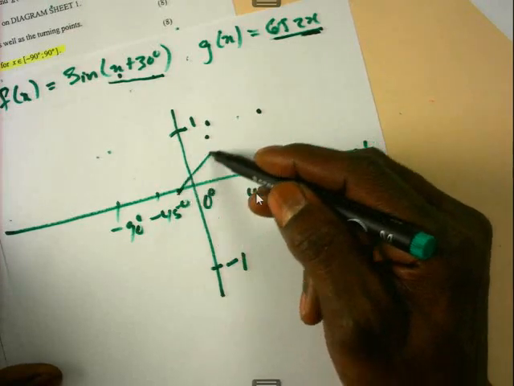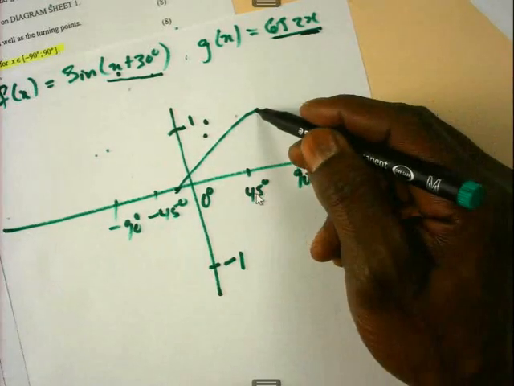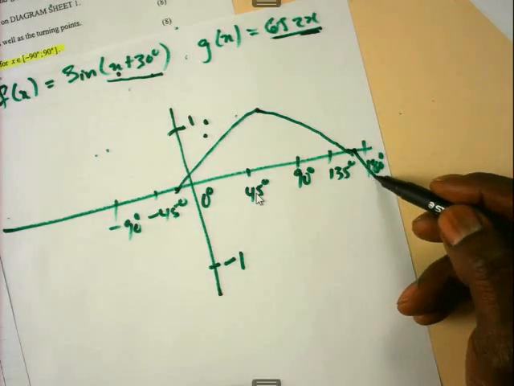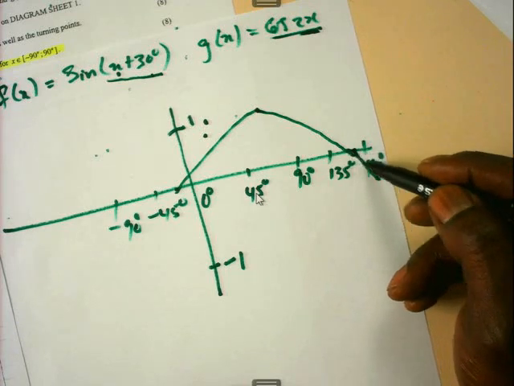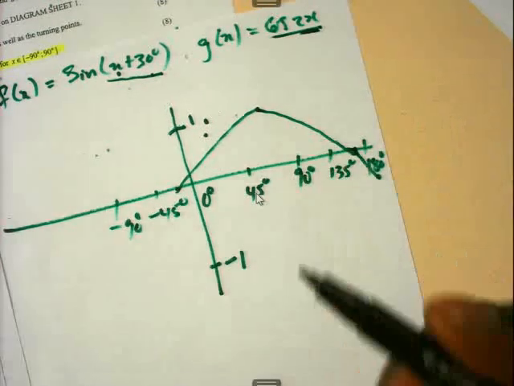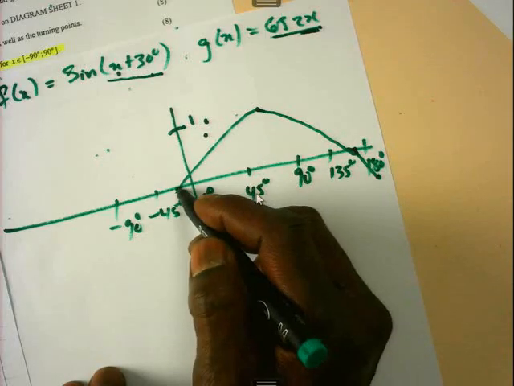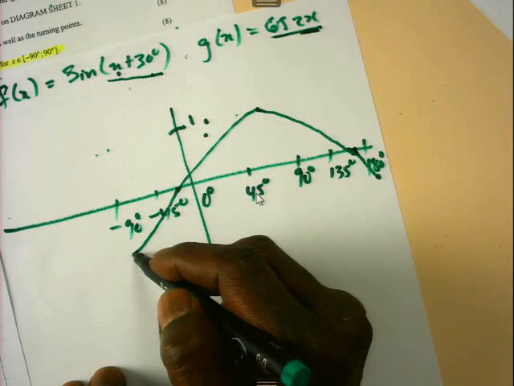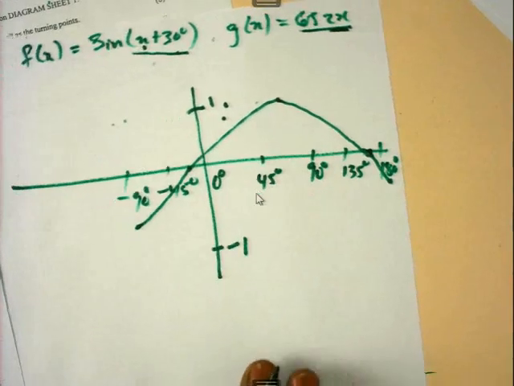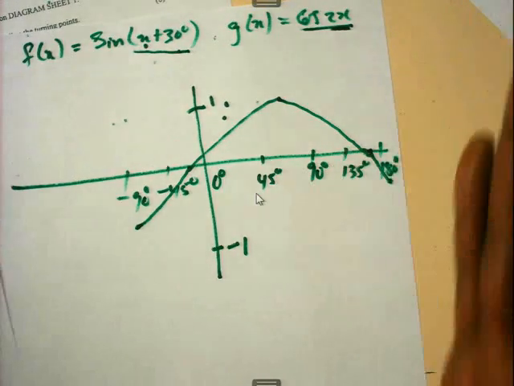Then I'm just going to have a picture of it, and it goes like that. Then this one must go up to negative 90 there. Right, I've quickly drawn that graph.